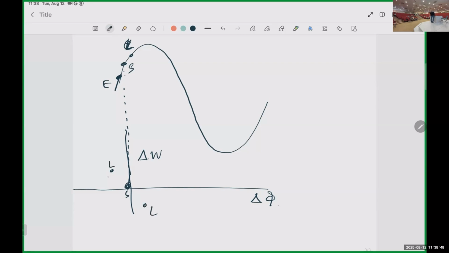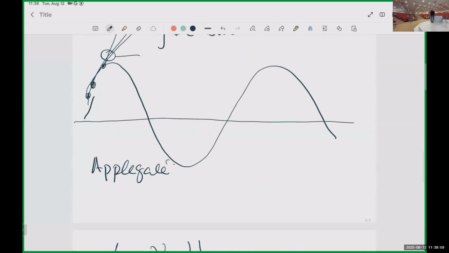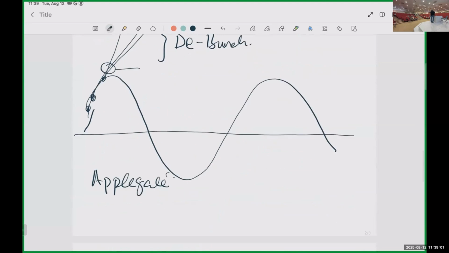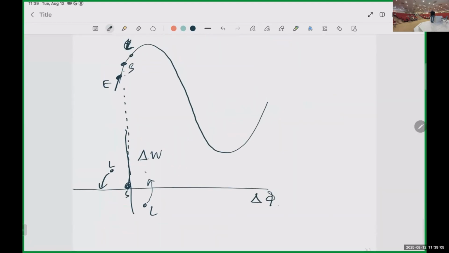After some time, this will lose energy and this will gain energy, as we saw in this diagram, the Applegate diagram. So we will have these particles actually showing a kind of revolving behavior around this synchronous particle.